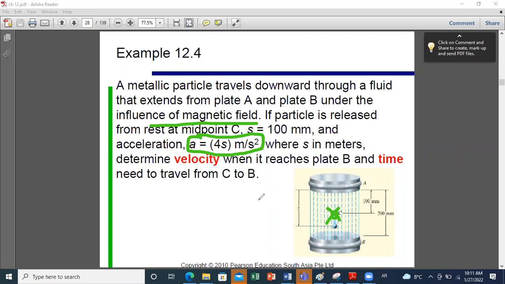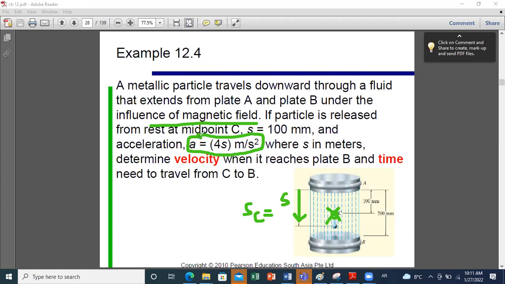So initially it was at point C. S of C is 100 millimeter. So they gave us the coordinate system also. The coordinate system is a downward axis, downward vertical axis. We know that S of C is 100 millimeter. As I told you before, pay attention for units, okay?